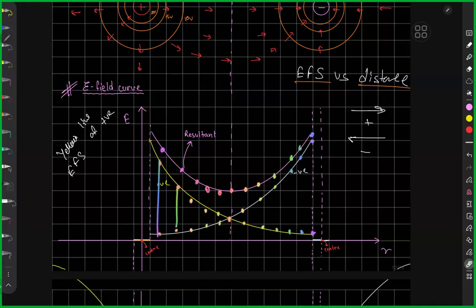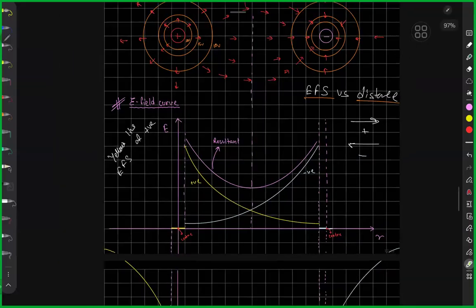Once I do that, I get this resulting electric field strength curve. Very simple. I added all the values up, and I got this happy face curve. Clear? That is how we get it.